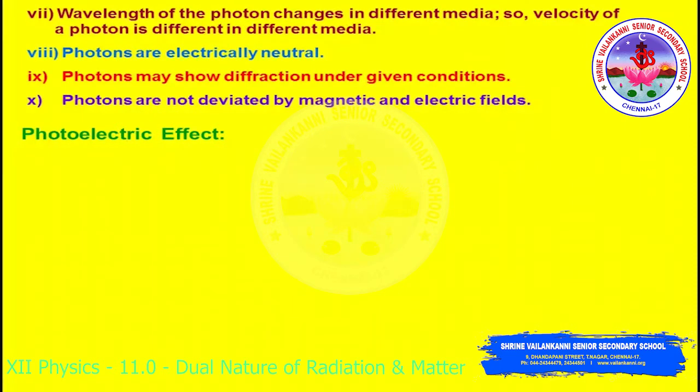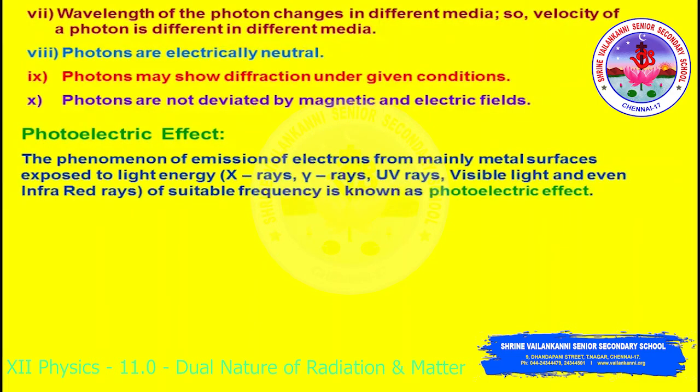So what is the photoelectric effect? See, these are all the main features of the photons we have seen. With the help of these, we can see how the photoelectric effect and Hertz's observations work. The photoelectric effect is nothing but the phenomenon of emission of electrons from a metal surface when electromagnetic radiation of sufficiently high frequency is incident on a metal.